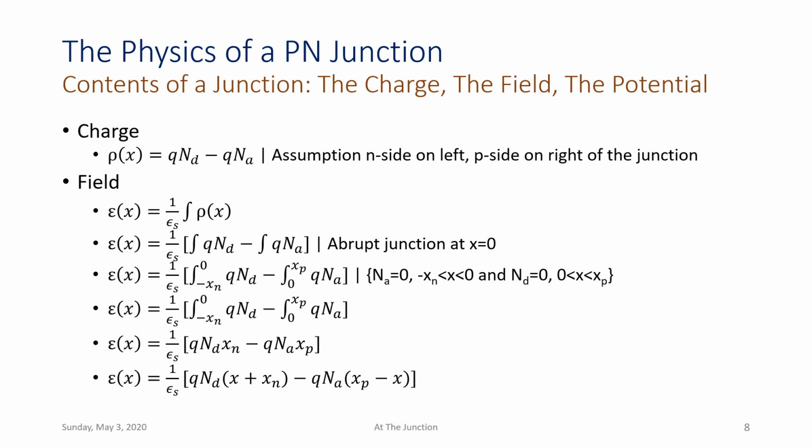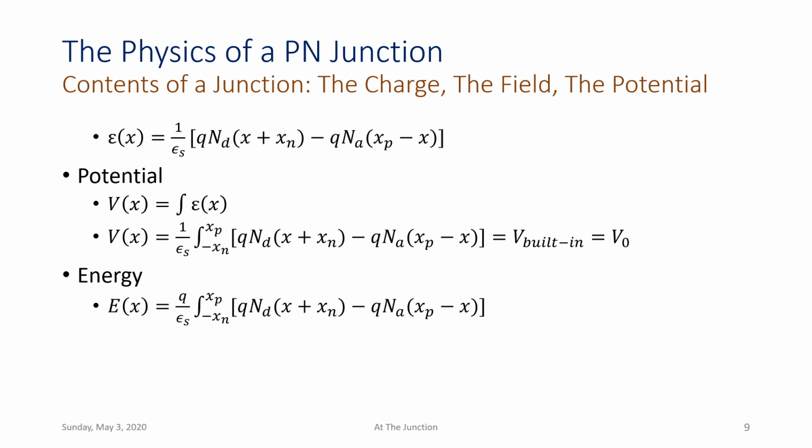And if we want to express this expression in terms of x, which is at any point of the junction, we get the last expression on this slide. So the electric field at any point in the depletion region, which is x, equals 1 divided by the permittivity of the semiconductor times this expression, the last expression on this slide.